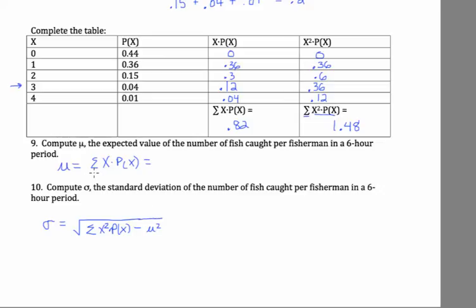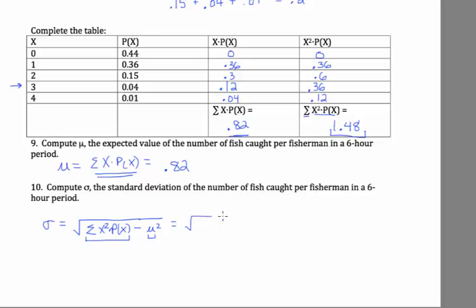The first one's easy. The sum of the xpx column, I already found that, 0.82. So mu is 0.82. Standard deviation is a little trickier, but not too bad. I'm going to take this right here, the sum of x squared px. Well, what about mu squared? Well, I know mu is 0.82, so I'm just going to sub that in there.